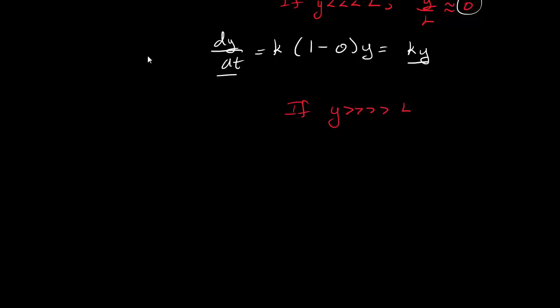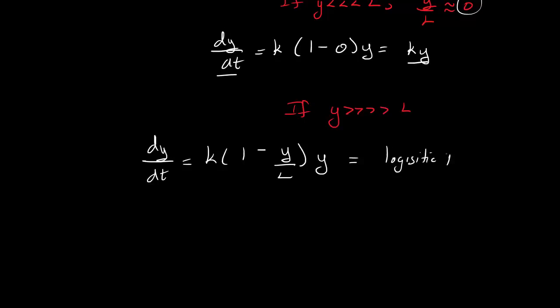But in totality, this relationship dy/dt = k times (1 - y/L) times y is known as the logistic differential equation, which we just abbreviate by calling it the logistic model.